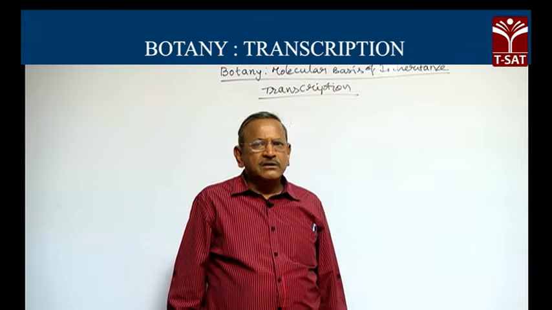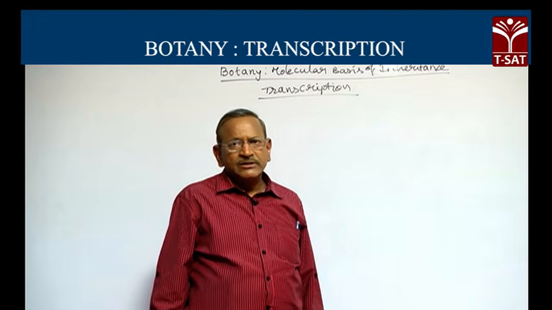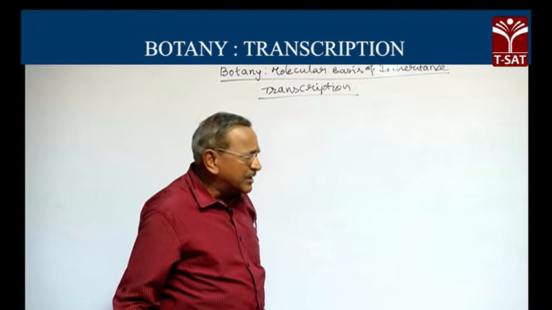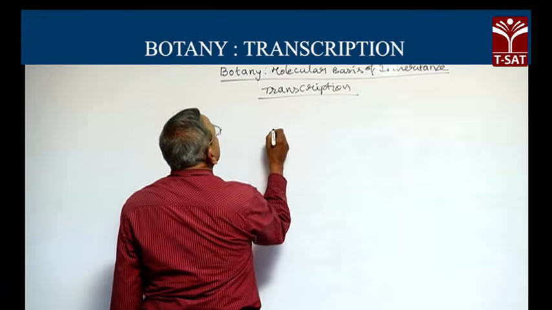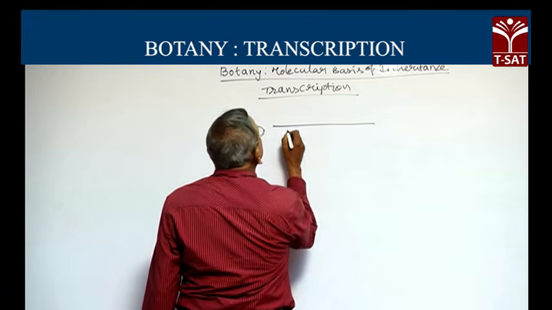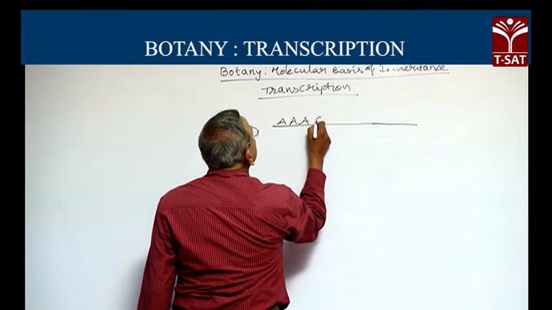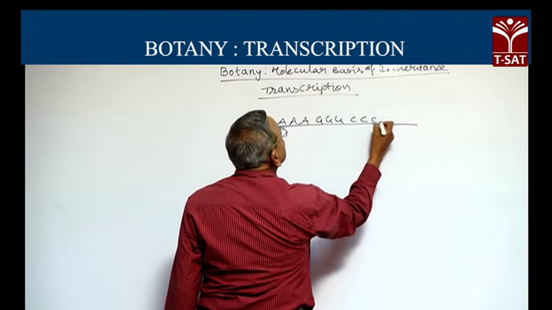Now let us consider why only one strand of DNA is transcribed, especially in the form of mRNA. This is one strand of DNA where the sequence of nucleotides is AAA, GGG, CCC, TT.